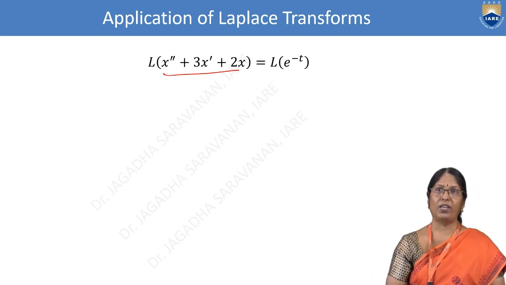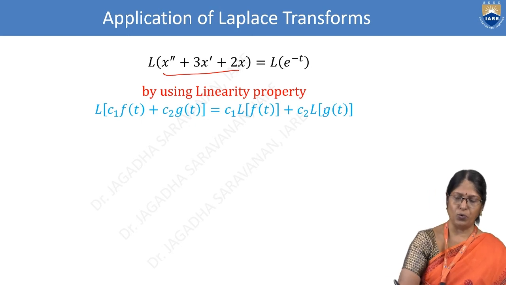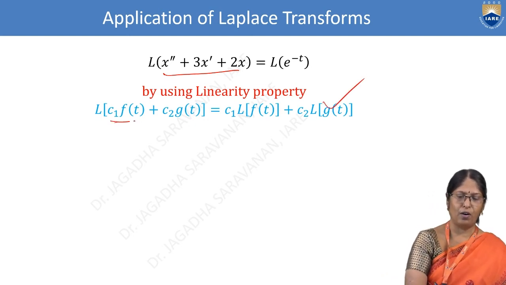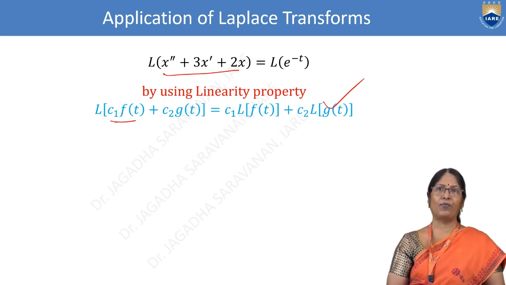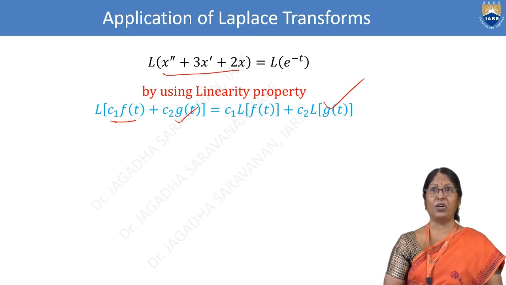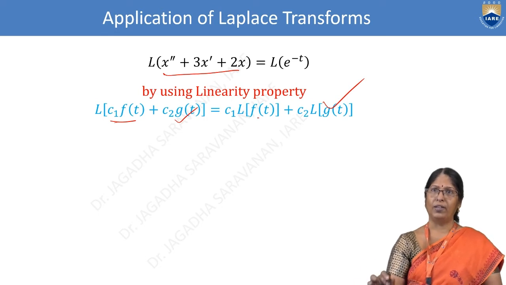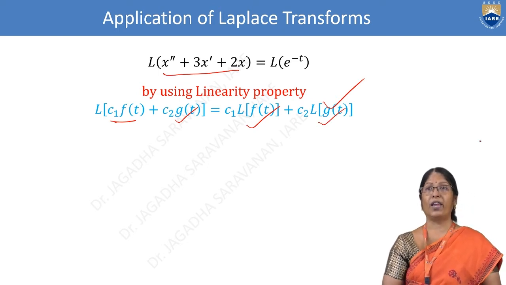The property is nothing but the linearity property. That is, L of C1 into the first function f of t plus C2 into the second function g of t can be written as C1 into Laplace transform of the first plus C2 into Laplace transform of the second.